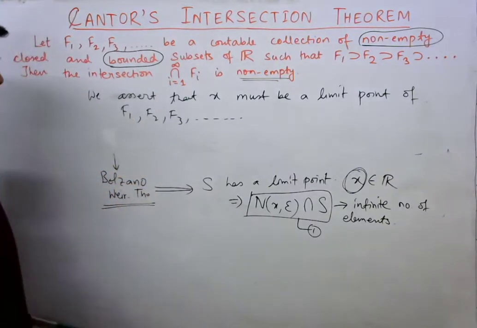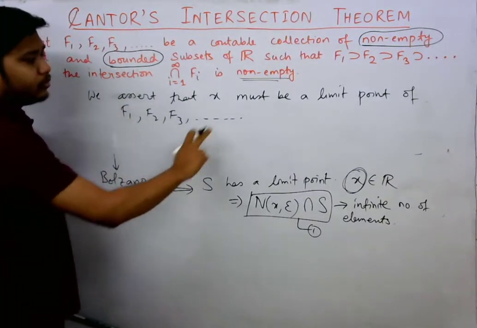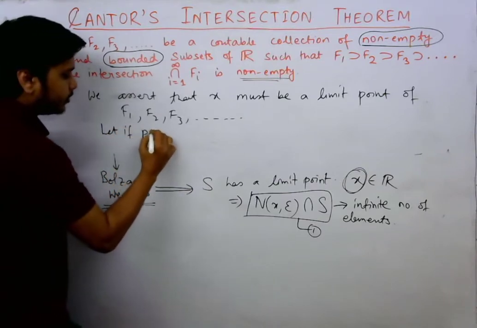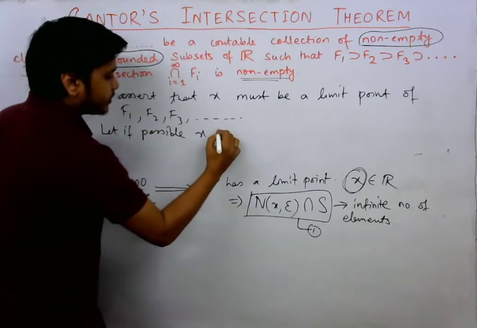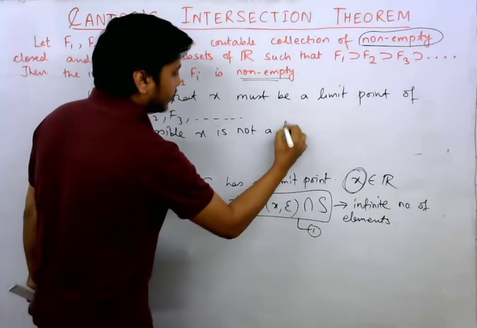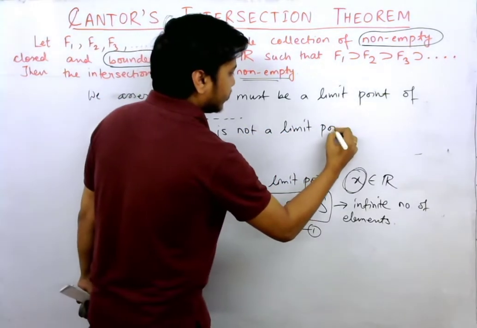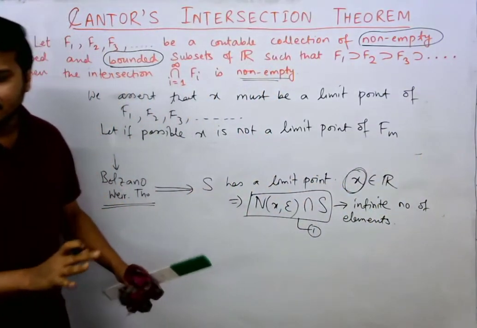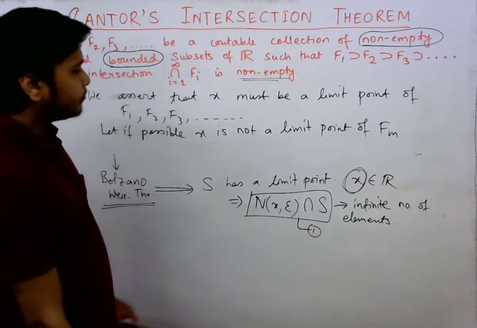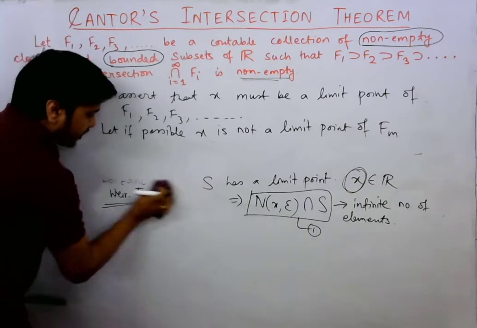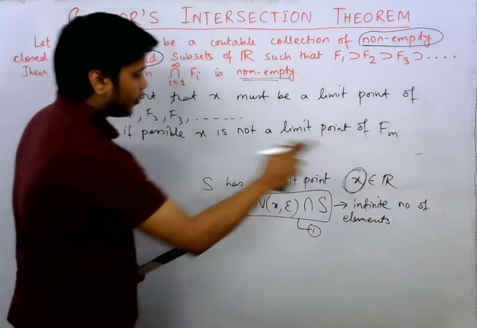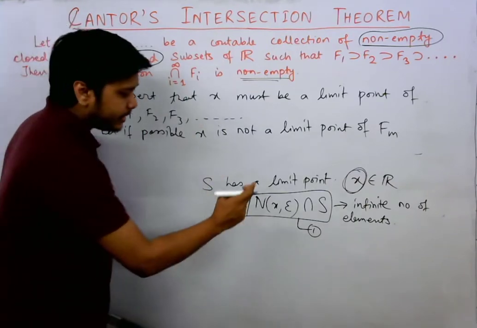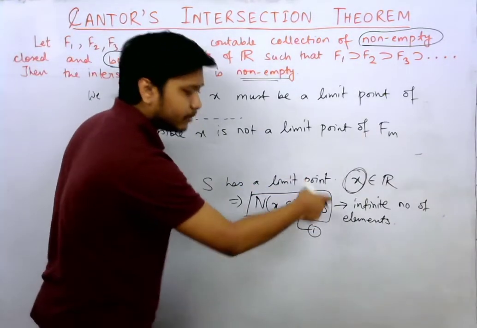Now I'll come back over here. Let me do this by a contradiction process. Let me assume, if possible, that x is not a limit point of some set Fm which comes in the iteration. If x was a limit point of Fm, then its neighborhood with the Fm set would be infinite.